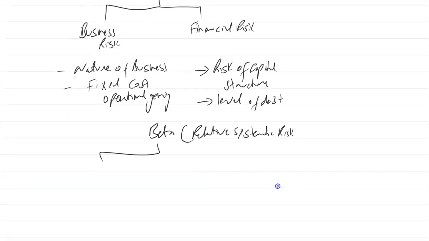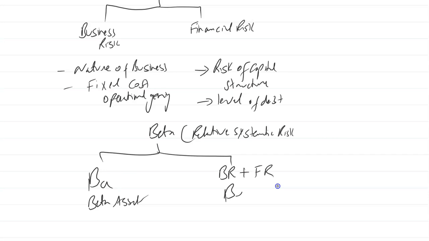A company which only has business risk, that company's beta is beta asset. A company which has both business risk plus the financial risk, that company's beta is beta equity.